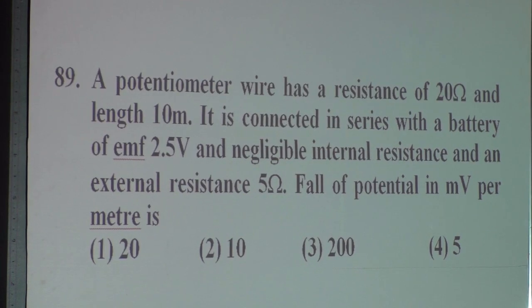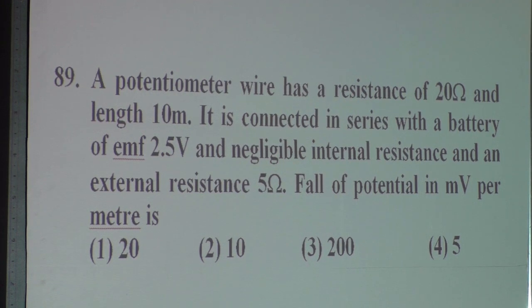A potentiometer wire has a resistance of 20 ohm and length 10 meter. It is connected in series with a battery of EMF 2.5 volt and negligible internal resistance, 0 ohm, and an external resistance of 5 ohm. Find the fall of potential in millivolt per meter. It is very similar to the previous problem. We will do it directly.